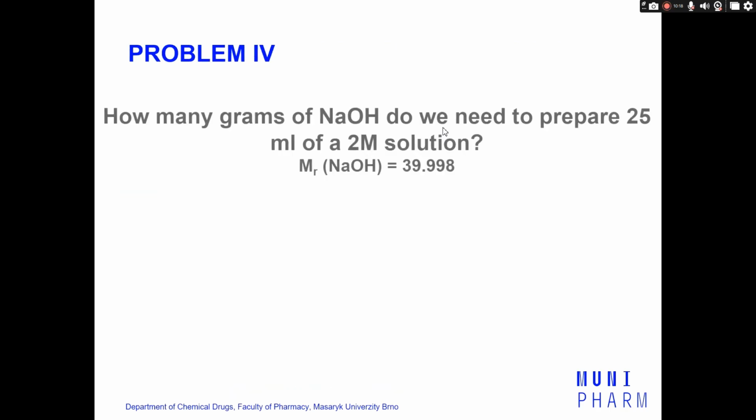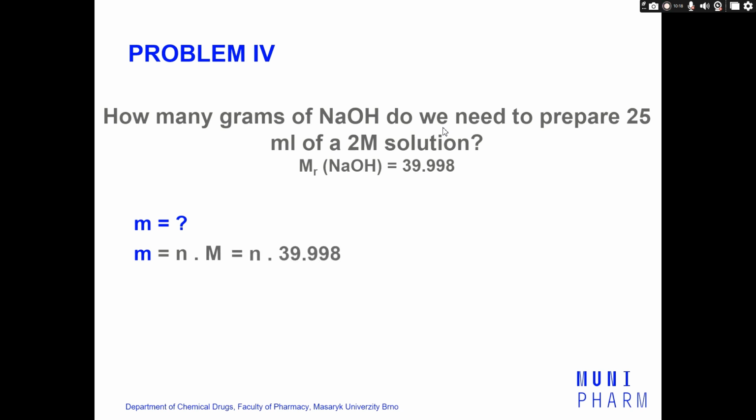Here we have the problem to solve. How many grams of sodium hydroxide do we need to prepare 25 milliliters of a 2 molar solution? The molecular relative mass of sodium hydroxide is given. Our unknown is the mass of sodium hydroxide. We calculate the mass commonly using the amount of the substance and the molar mass.